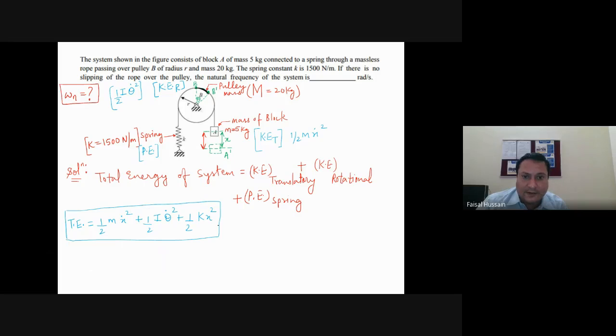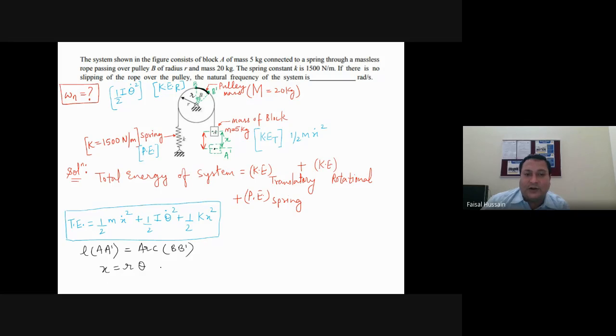See, this length A to A dash, from here to here, is equal to what? Arc BB dash. Length AA dash is x, and arc BB dash, this is theta and radius is r, so this will be r into theta.